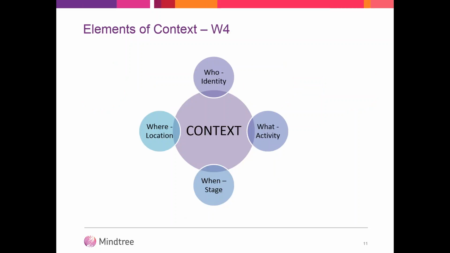Moving on, what are the different elements of context? This is represented a little simplistically here as the 4 W's: who, what, when, where. Now, what does who mean? Typically, the identity in an organizational context, usually that refers to the role that someone is playing.